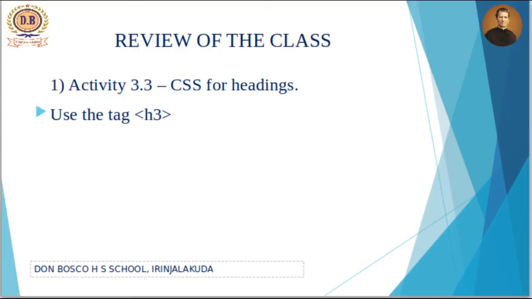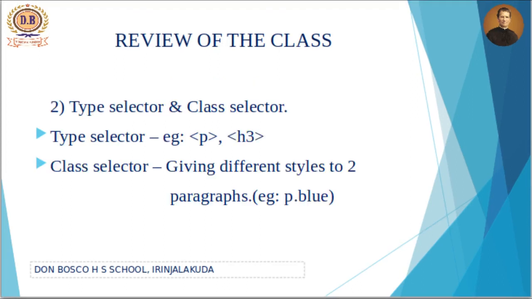So what topics have we discussed in today's session? The first topic was applying color and different styles to the headings. After that, using CSS, there come two different classifications: one is type selector and the other is class selector.